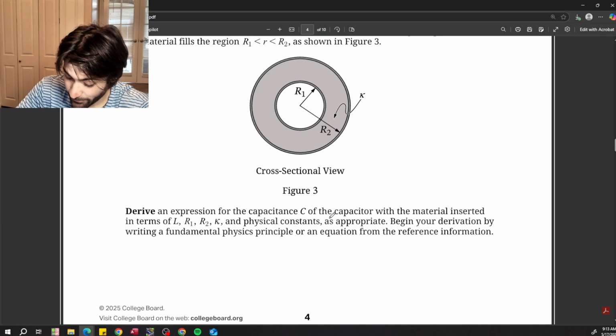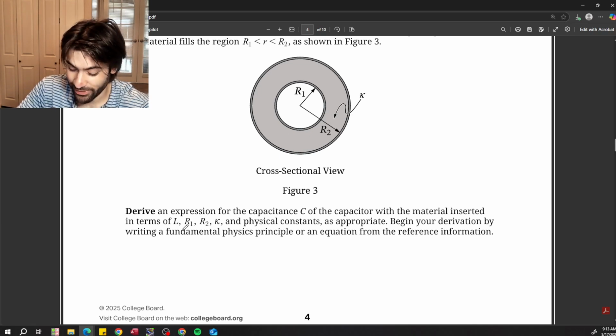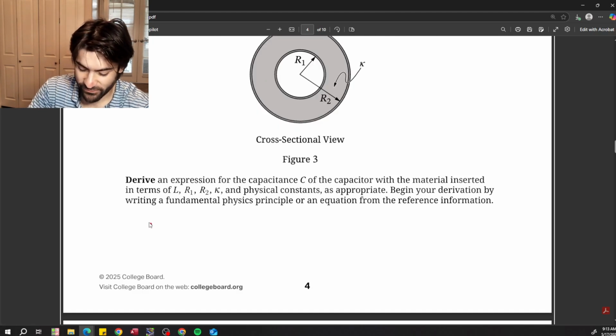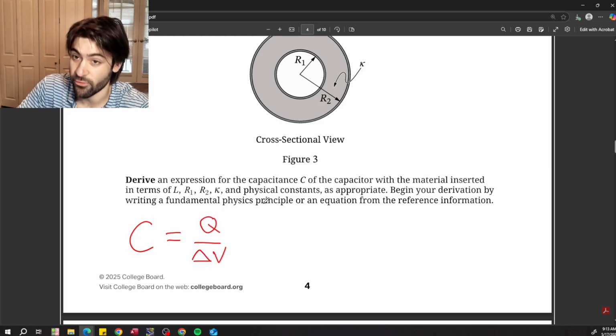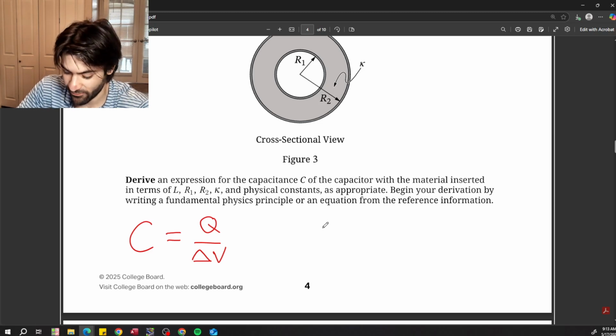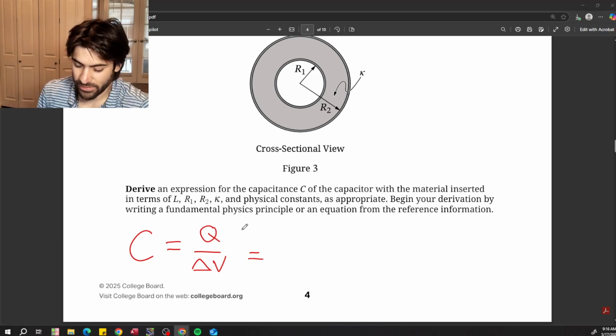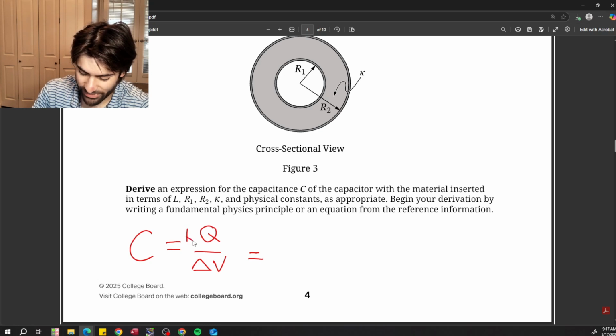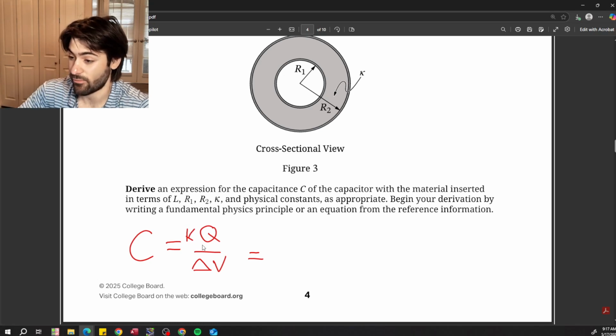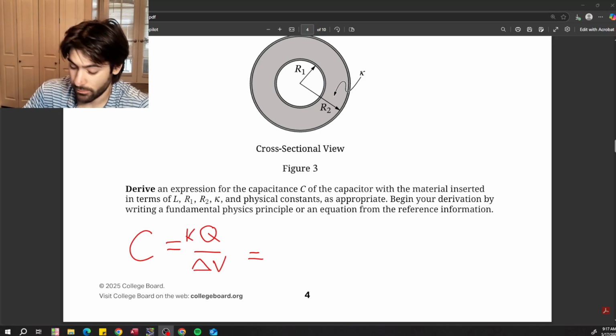Derive an expression for the capacitance C of the capacitor with the material being inserted in terms of length, R1, R2, and K. So you remember the definition of capacitance is equal to charge divided by the potential difference between the two plates, in this case the coaxial cylinders. Now what we're going to have to do is actually multiply by K once we get this initial expression.